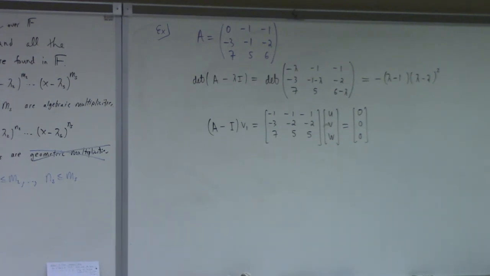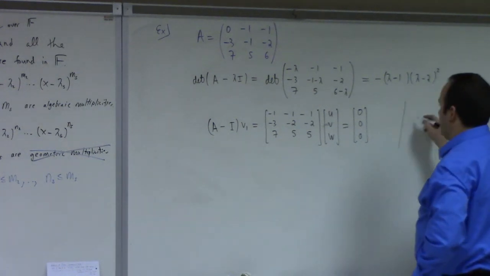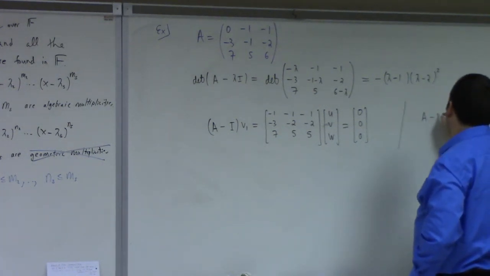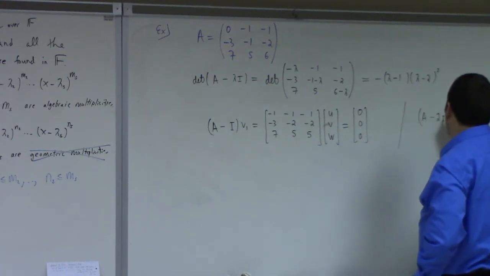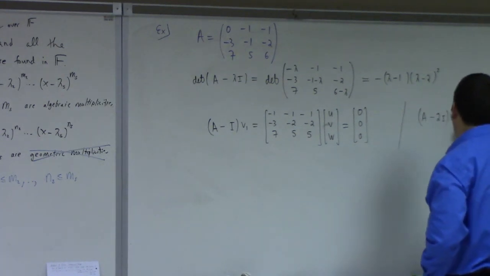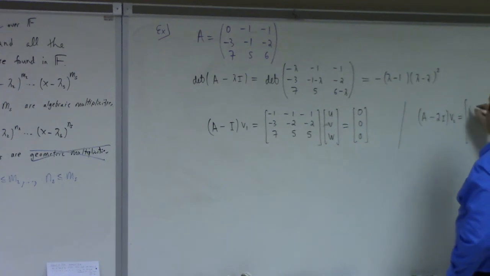Oh man, this problem is really nasty. Curses. And then A minus 2I times v2, what's that?